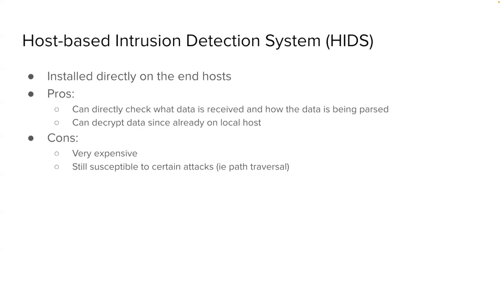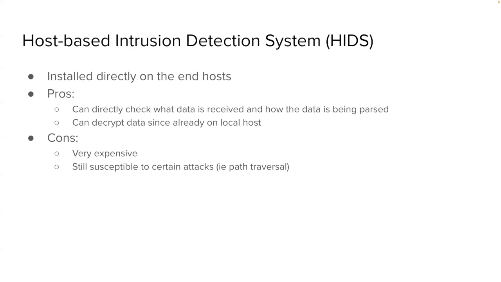A second type of detector is called a host-based intrusion detection system, or HIDS. You can think of it as installed directly on the end host. For example, if it's a backend web server, this is installed on that web server specifically. The nice thing about HIDS is that it can check the data that has been received and see how the data is being parsed.